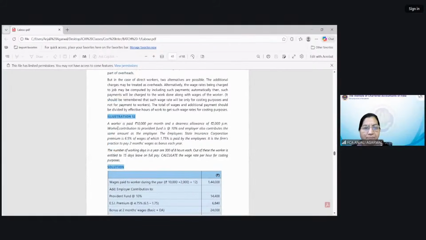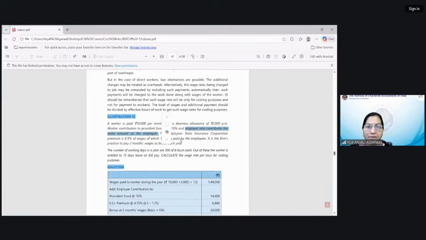Another question. A worker is paid 10,000 per month. DA is 2,000 per month. He is contributing 10% and the employer also contributes the same amount as the employee. Remember, the employer also contributes the same amount as the employee. So if you remember the previous session we have done, what will be the cost to the employer?